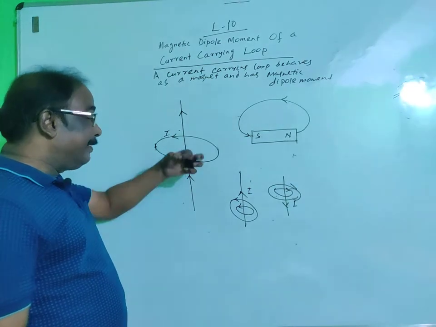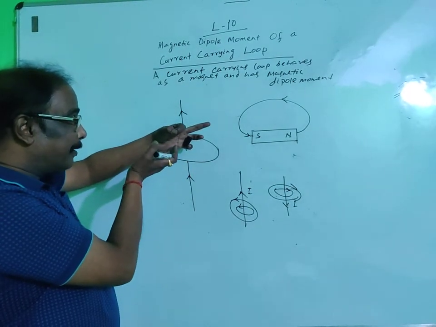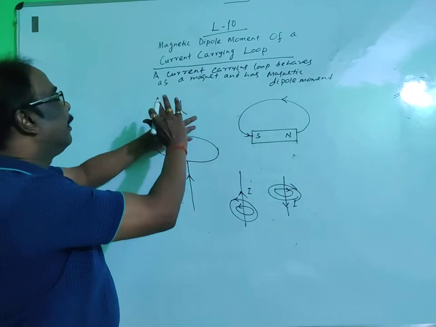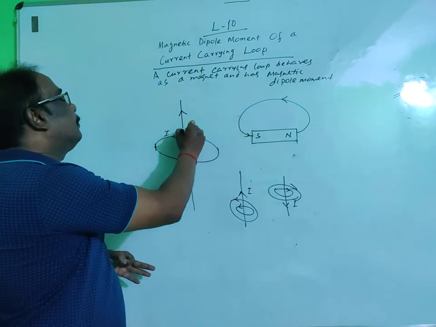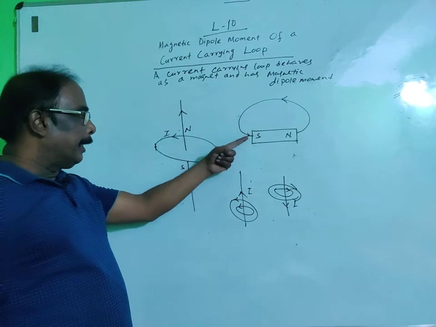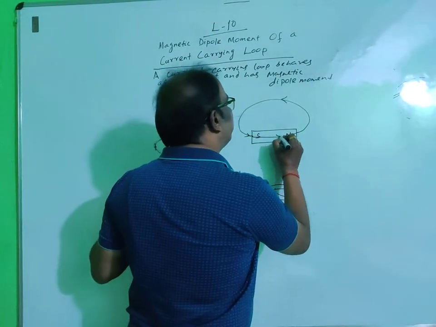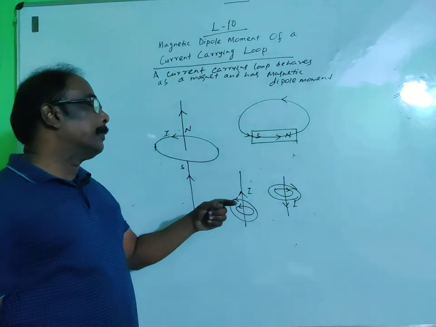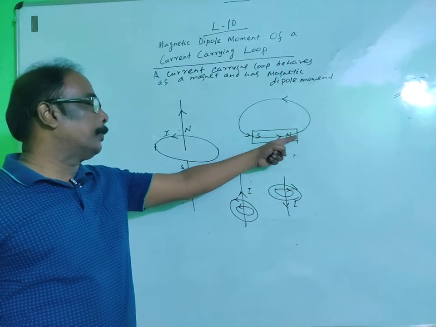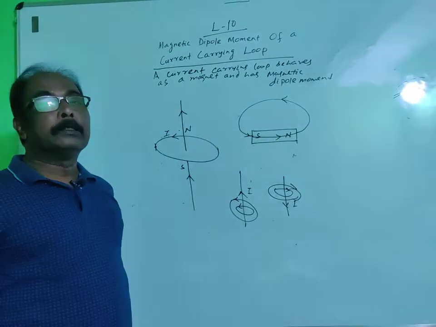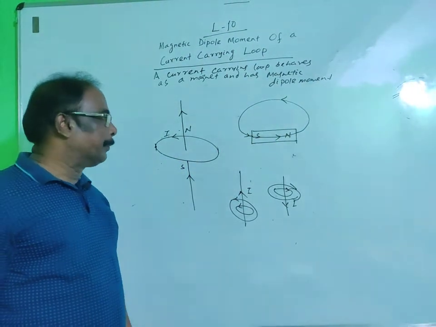Obviously, at the lower part of the circular loop carrying current there will be south polarity, and in the upper part there will be north polarity. Magnetic field lines enter in south, meaning magnetic field is directed from south to north inside the magnet, and outside the magnet it is from north to south.